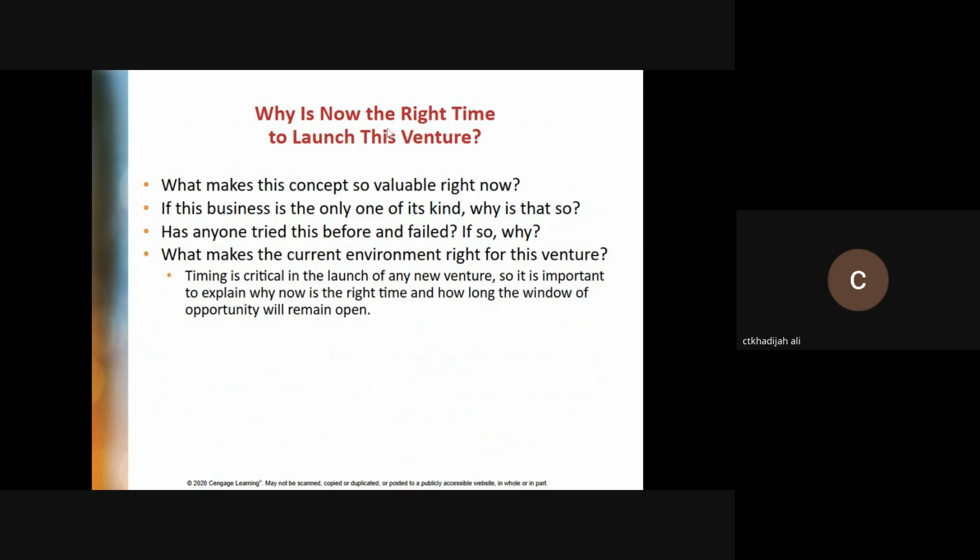Next question, why is now the right time to launch this venture? What makes this concept so valuable right now? If this business is the only one of its kind, why is that so? Has anyone tried this before and failed? If so, why? What makes the current environment right for this venture? For this question, you can just imagine what happened during the COVID-19 vaccine issue.